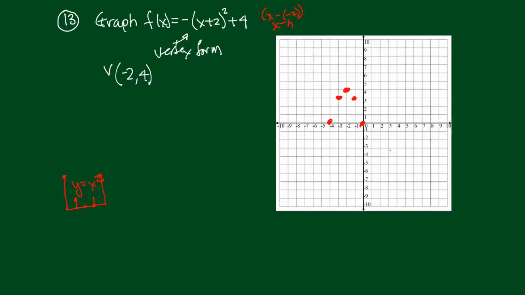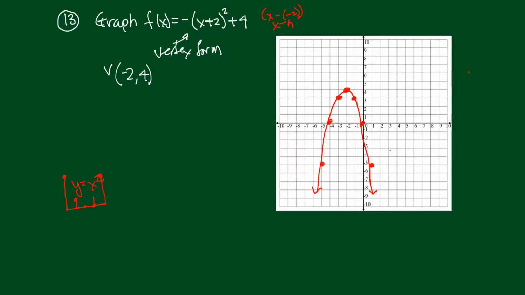To the left 3, down 9, puts us here. And then by reflection, by mirror image, we get one over there. All right, we've got enough points to draw a reasonable curve, so I'm going to sketch as best I can a smooth curve through the points. I kind of missed it there, but that's the idea.